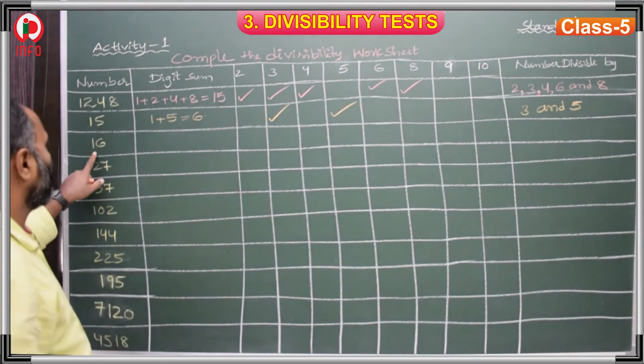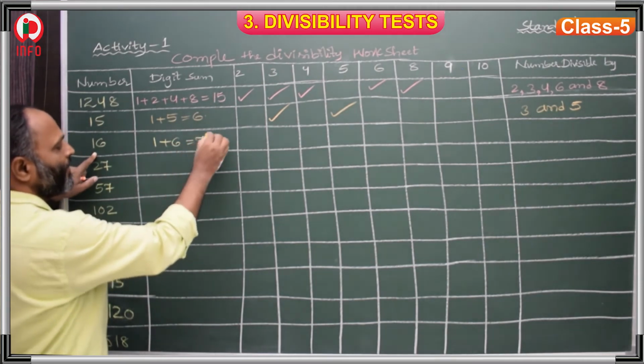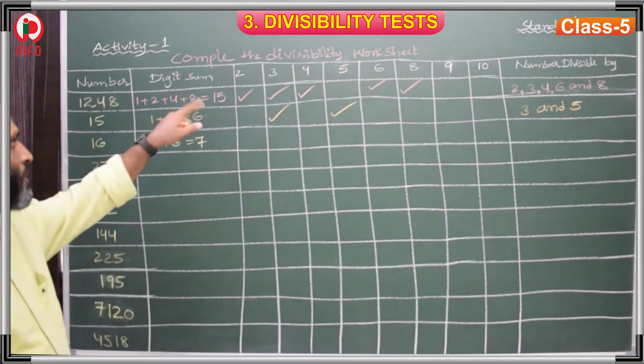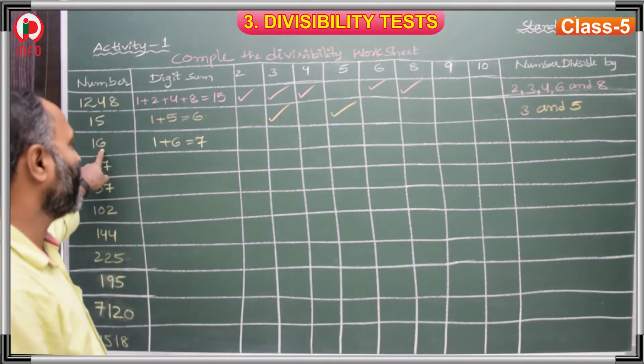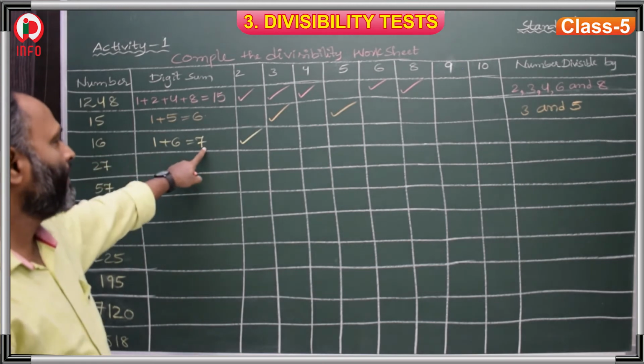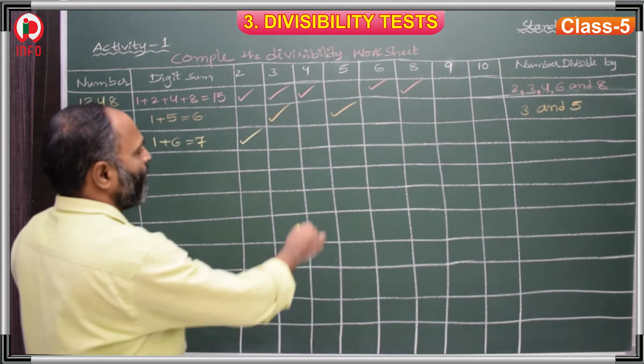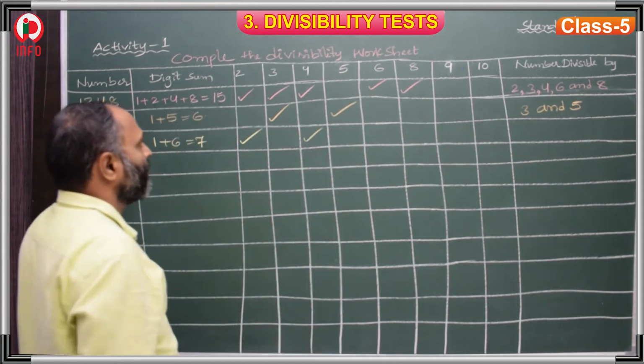Next, 1 plus 6. 1 plus 6 is equal to 7. First we have to check the 2 table. It is an even number, so it is divisible by 2. In the 3 table, 7 will not come, the sum of the digits, so it won't divide. In the 4 table, 16 will come.